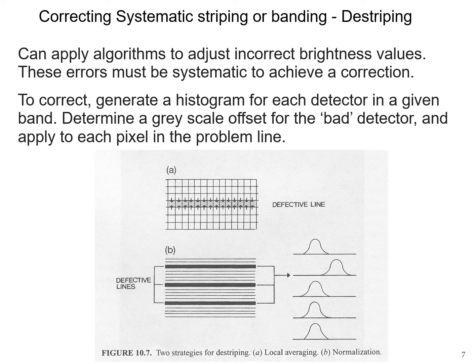So what they do is, for every detector in a given band, they generate a histogram. If you look down there at the bottom, you can see you've got 5 histograms there, and one of them has higher values than this particular one.